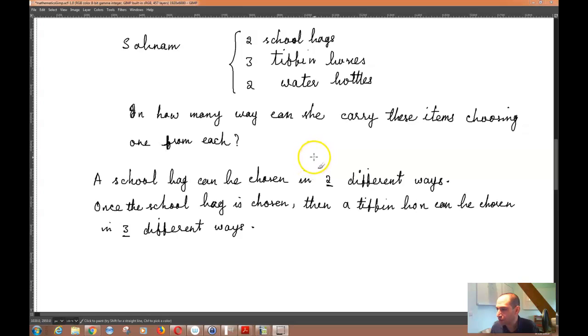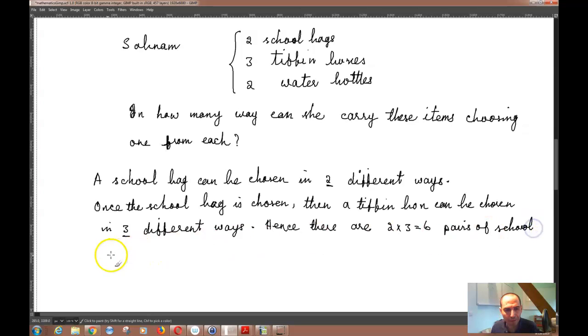Hence there are 2 times 3, which is equal to 6 pairs of school bags and tiffin boxes.